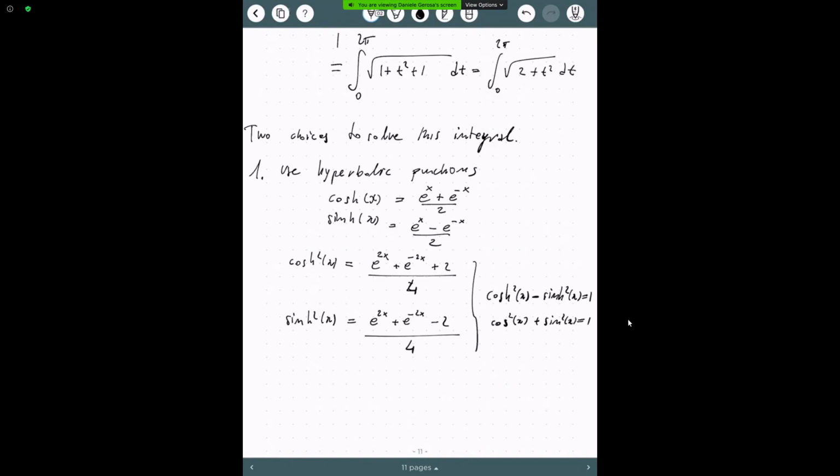To conclude the computation of the integral, compute cosh prime and sinh prime and do the substitution.